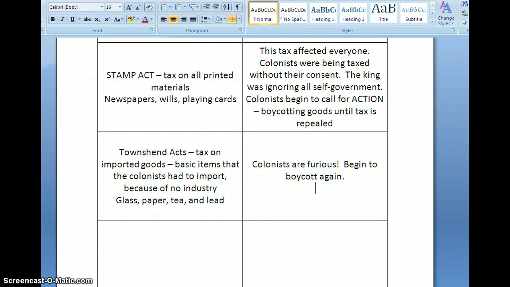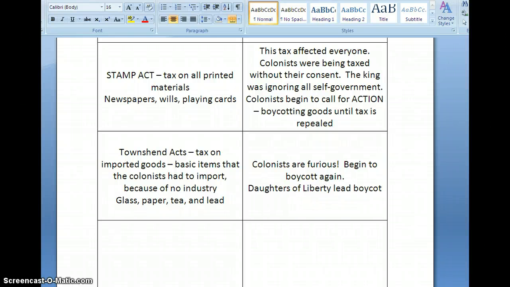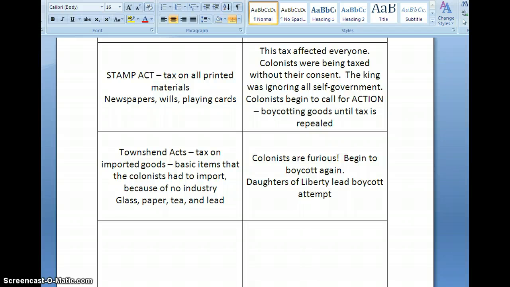There was a group called the Daughters of Liberty, and they led boycotting. They led a boycott attempt to make the colonies economically independent.